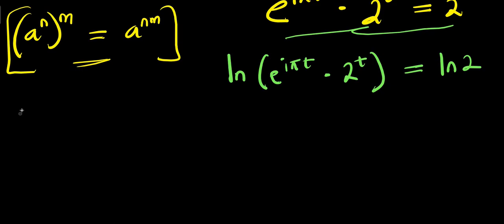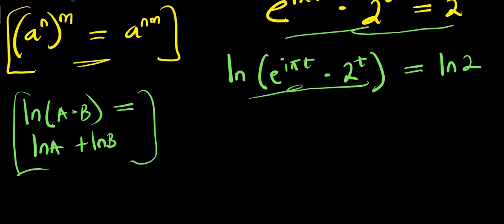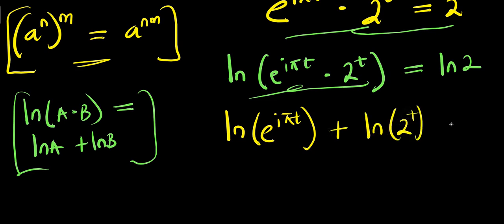Remember, if you have ln of a times b, this equals ln a plus ln b. So we apply this property right here. That means we are going to have ln e to the power i times pi t plus ln 2 to the power t, and this equals ln 2.